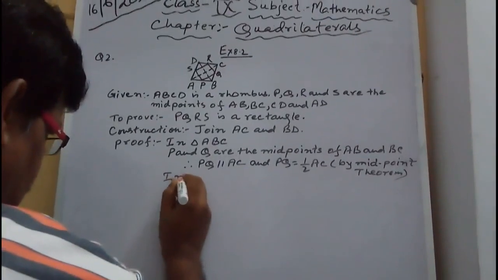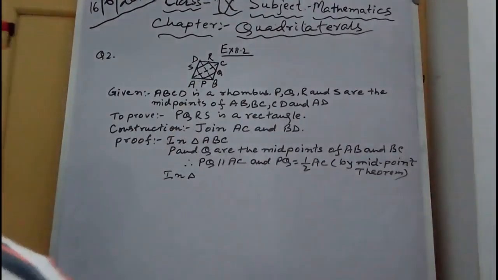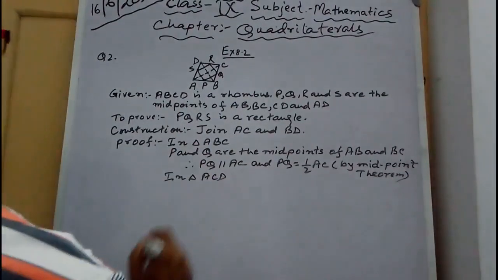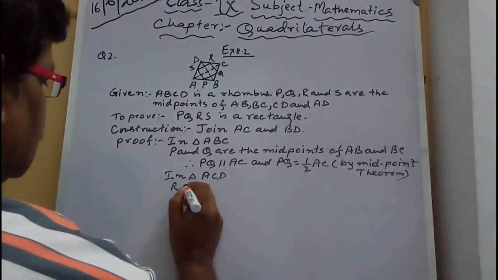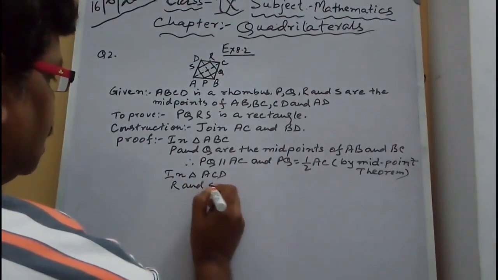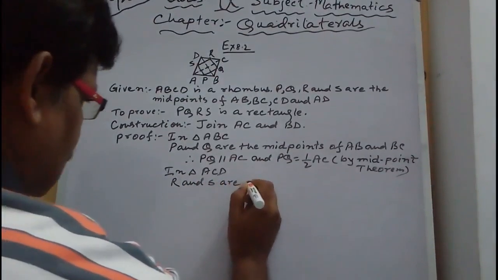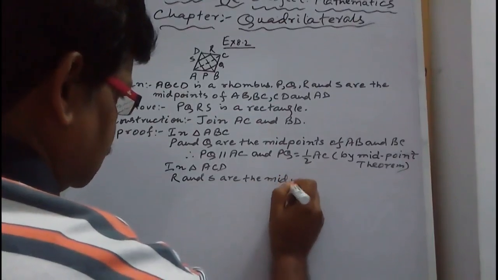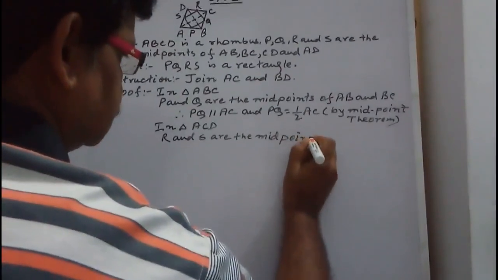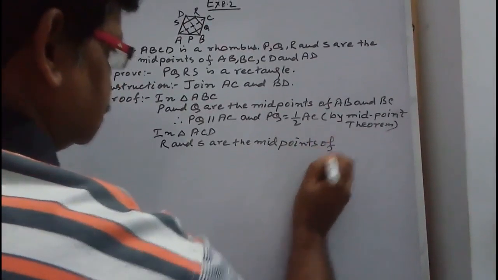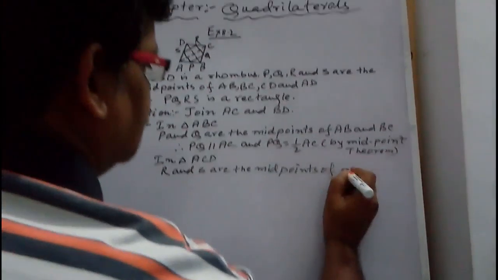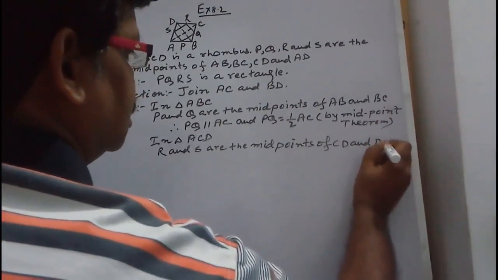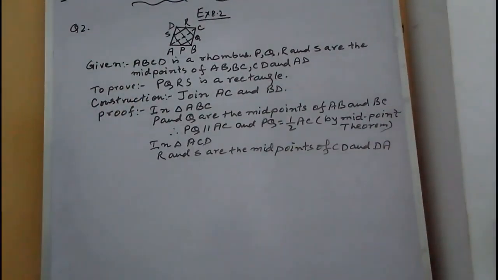Now in triangle ACD, R and S are the midpoints of CD and DA.